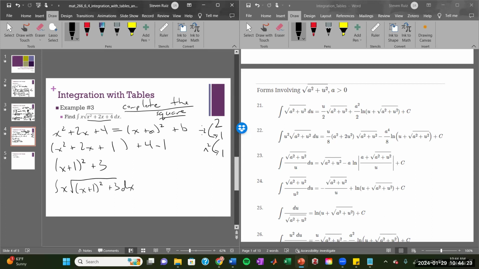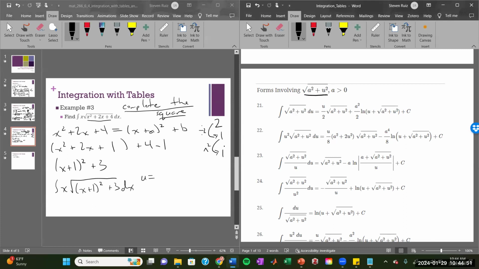I still don't see a formula working here. But maybe we should try something. Is there a good u that I can define? So basically all of these forms are radical a squared plus u squared, where u is the variable piece and a is some constant.